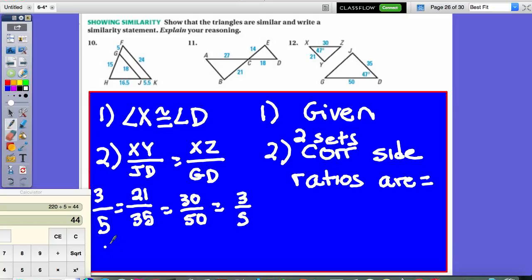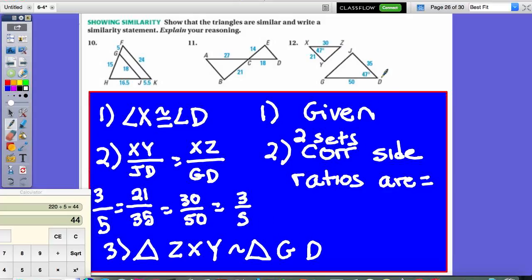Corresponding side ratios are equal. So triangle ZXY, you could put these in different words, but that's how I'm doing it, is similar to triangle. Z is on the longer labeled side, so it's going to correspond to G. D is the angle that corresponds to angle X, J, and the reason is side, angle, side, similarity theorem.